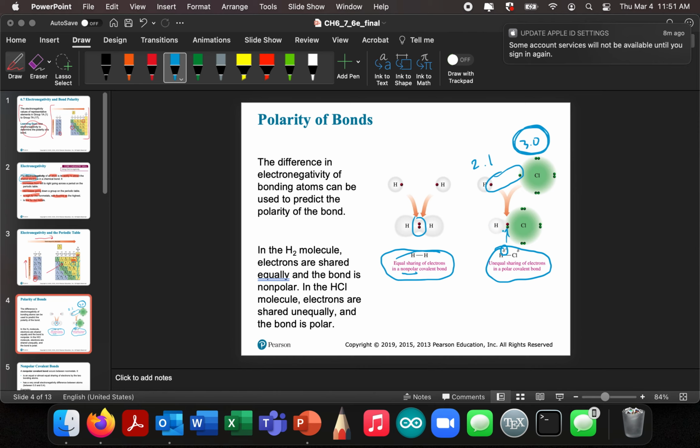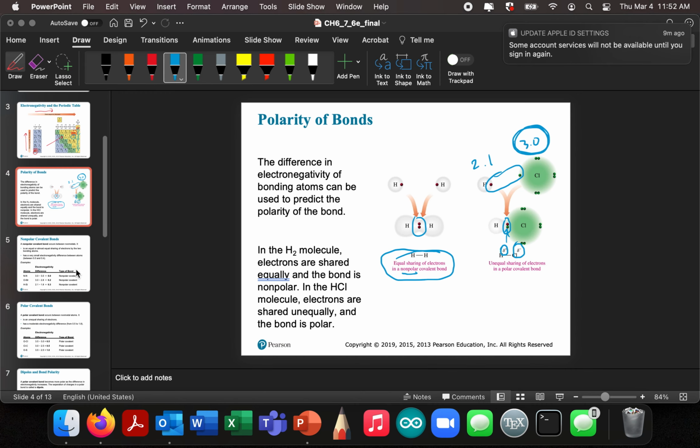That means that this hydrogen over here is saying, hey, I'm not getting my fair share. You electrons are getting pulled over by the chlorine atom, right? And chlorine is a bully, and it's got a partial negative. See that partial negative right there? So chlorine is actually getting more than its fair share because it's an electron hog.